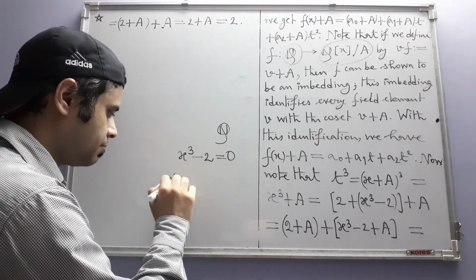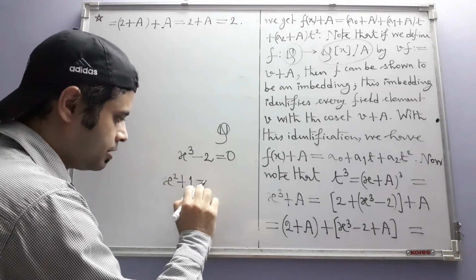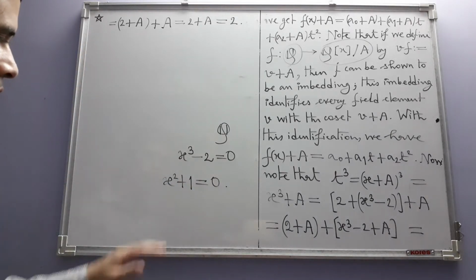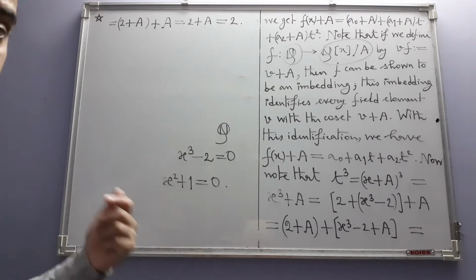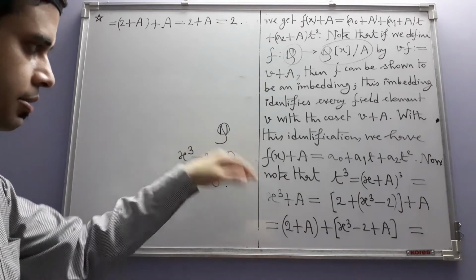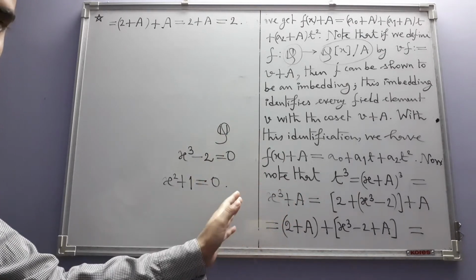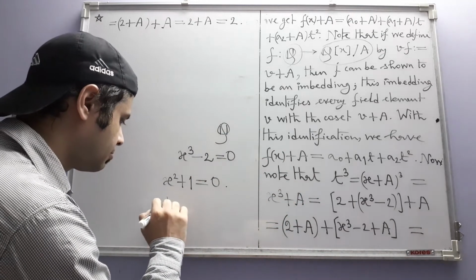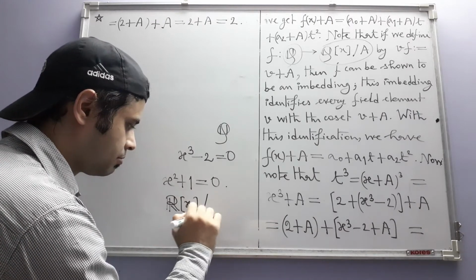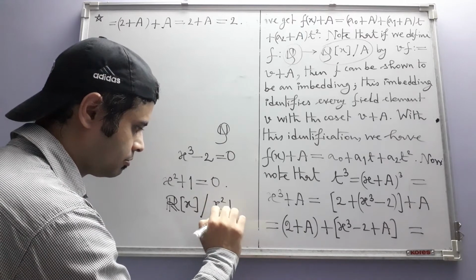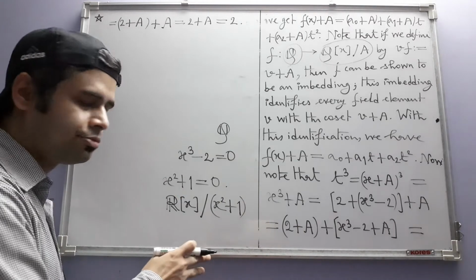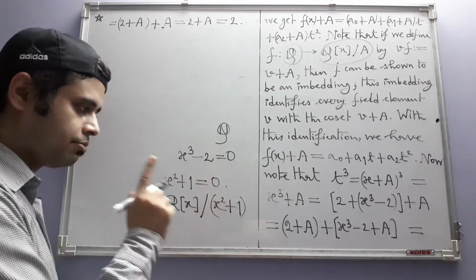For example, this equation has no solution in the field of real numbers. So by following a similar procedure, you can construct this quotient field, where in this new field, this equation will have a solution.